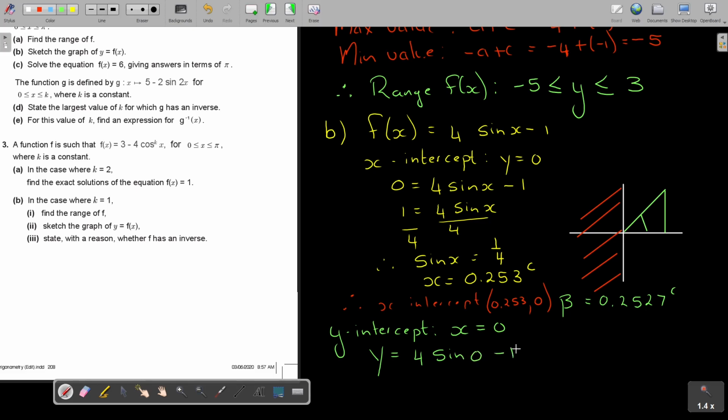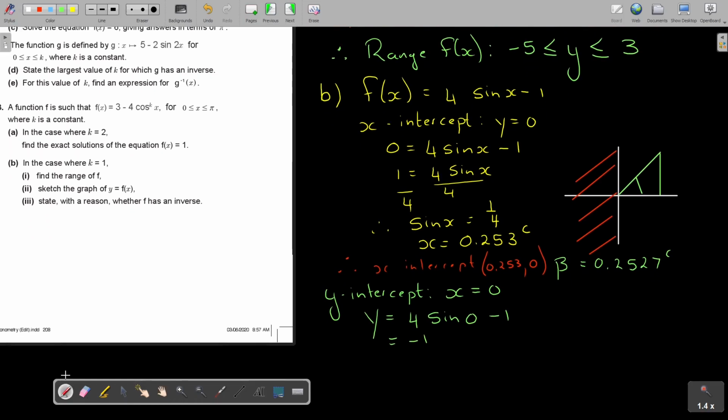You can just press it on your calculator. But if you say 4 multiply sin 0, I know it's 0, minus 1, so it's going to be negative 1. Therefore, the y-intercept, remember it's the y, so what's the value of x? 0, negative 1. And that was question B.